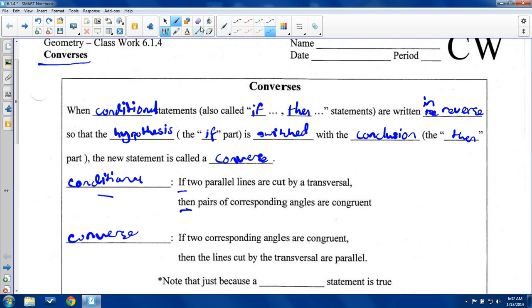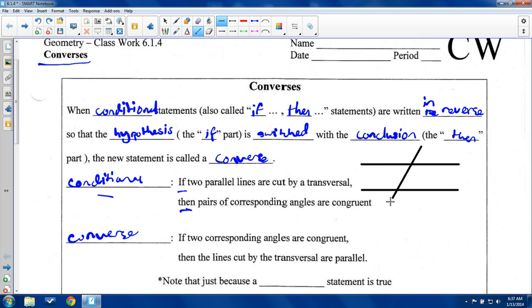So the statement says, if I have 2 parallel lines, like this and this, and it is cut by a transversal like that, then any set of 2 corresponding angles like these 2 guys would be congruent, assuming that these are parallel, right? That's part of the if. That's our hypothesis. We make that assumption. We say, okay, if that's true, then this is true.